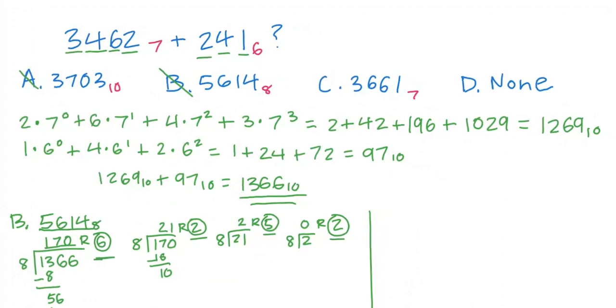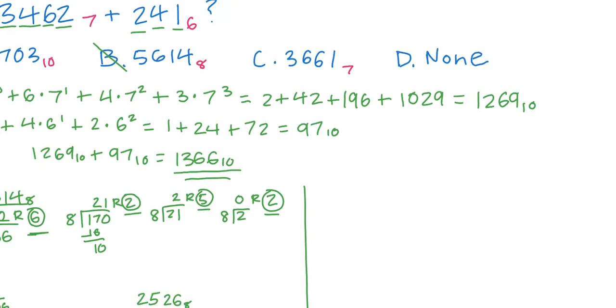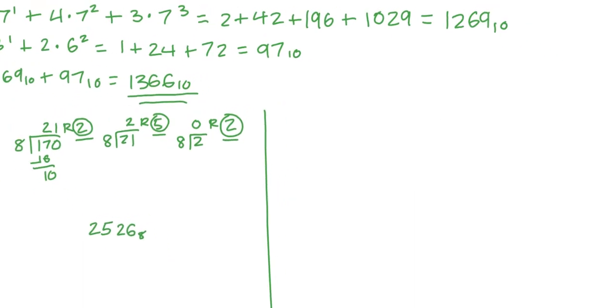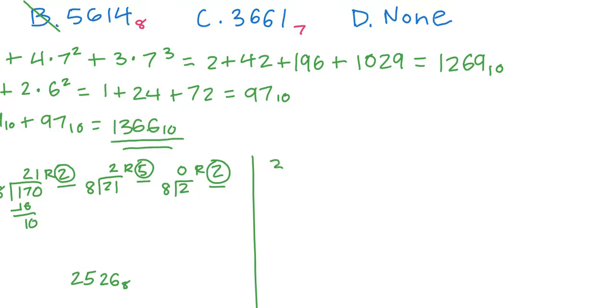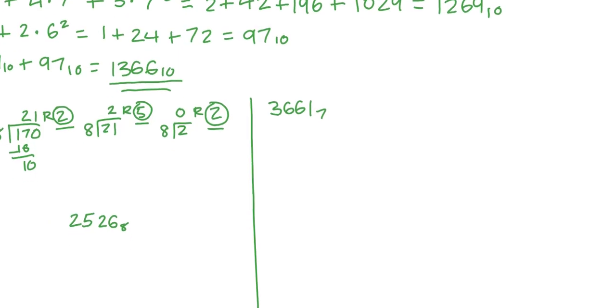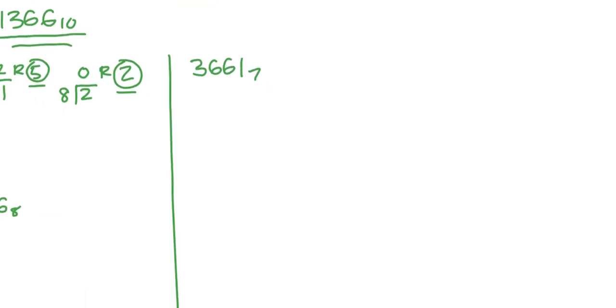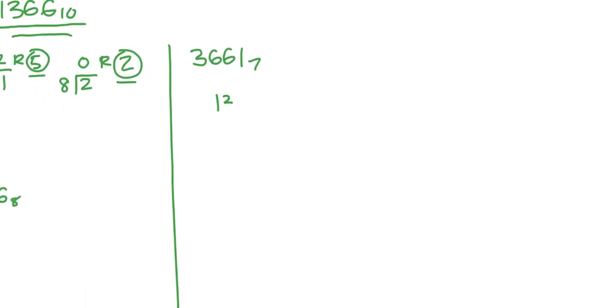Now we have choice C left, which is 3,661 base 7. So let's convert 1,366 to base 7.